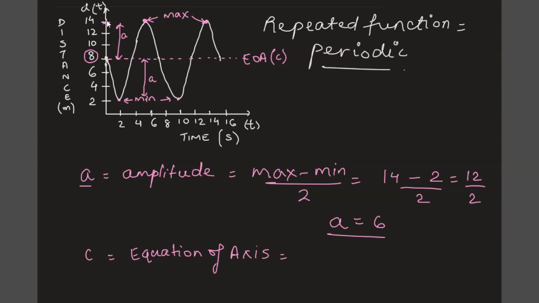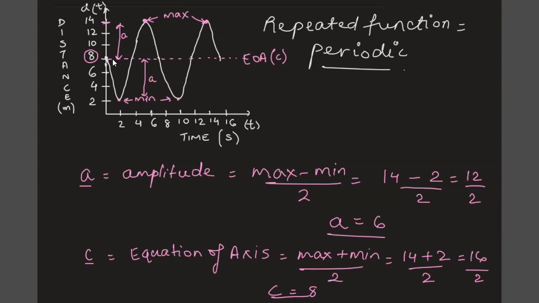If you can read your max and min points, we again have a formula to find C, that is max plus min divided by 2. Since our max is 14 and min is 2, we get 16 divided by 2, which is equal to 8. So your C value is 8, and that's your equation of axes.